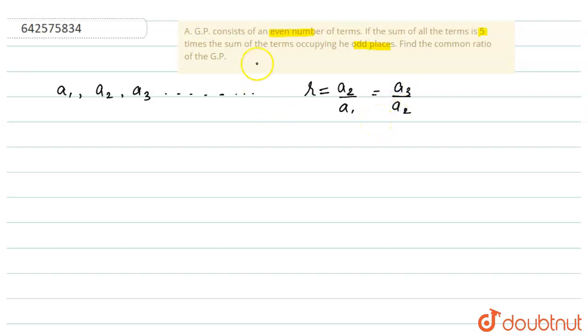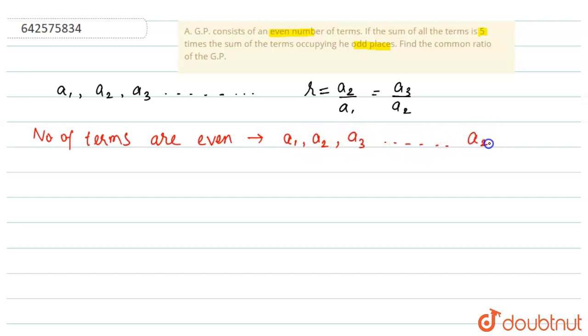Now, in this GP, we have been given that the number of terms are even. So the terms may be in the form A1, A2, A3 up to A2n. Since there are an even number of terms, we will take the last term as 2n-th.